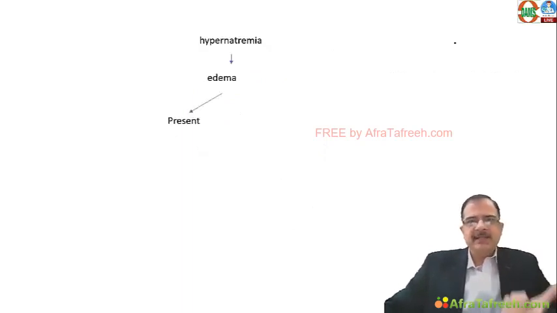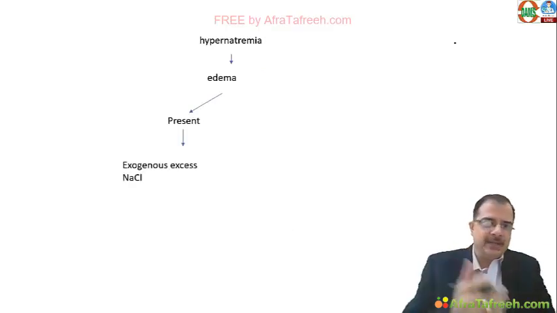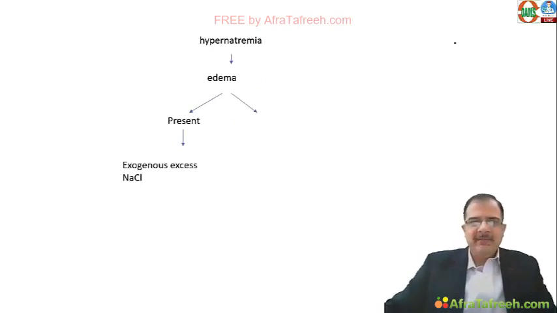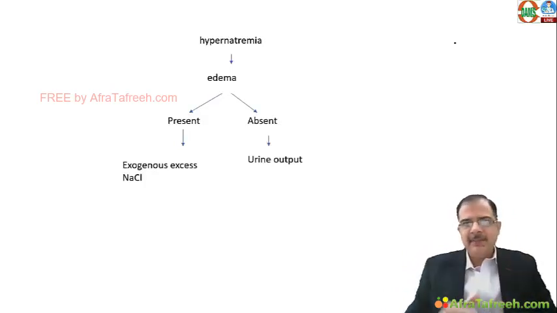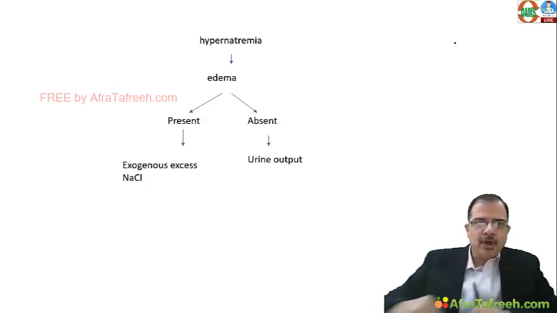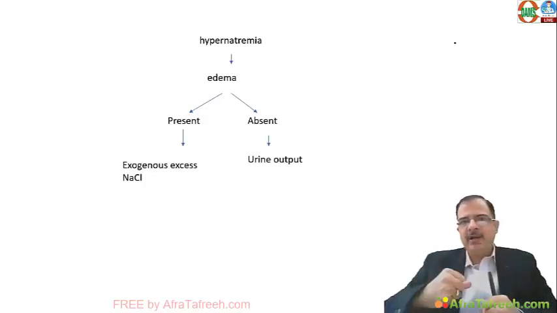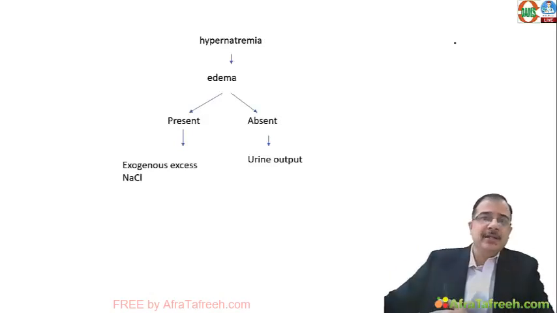Now, for hypernatremia, look at the edema. If edema is present, that means the patient has taken sodium from outside; exogenous sodium is more. And if edema is absent, look at the urine output. What is the fundamental for hypernatremia? Hypernatremia occurs when there is free water loss from the body. That free water loss can be from the kidneys or from an extrarenal source.